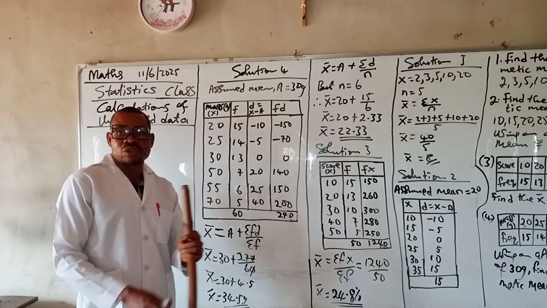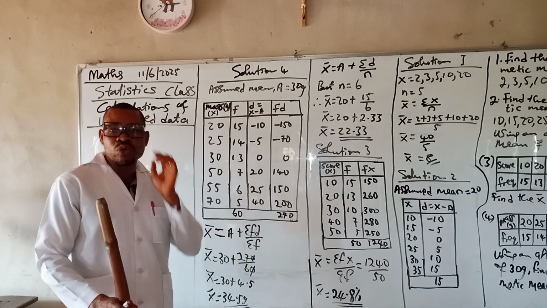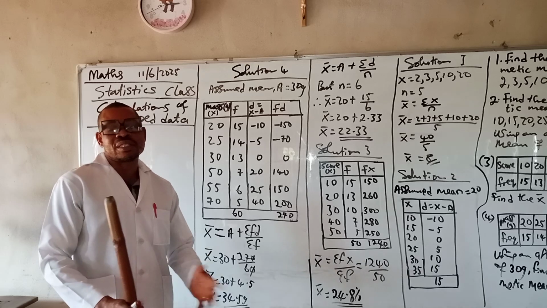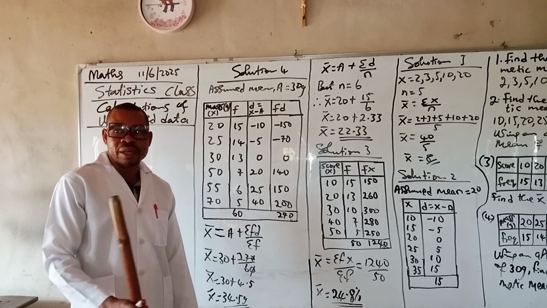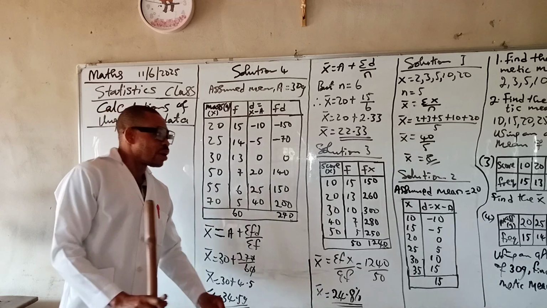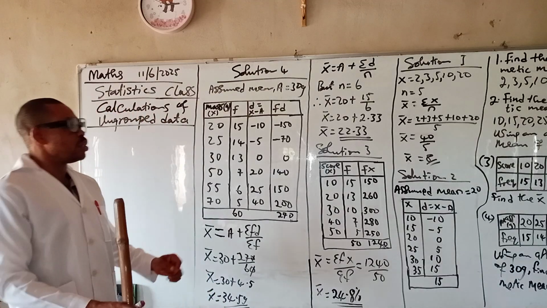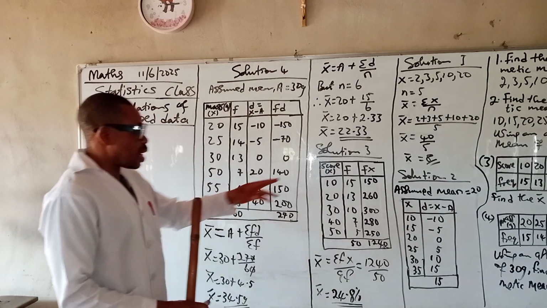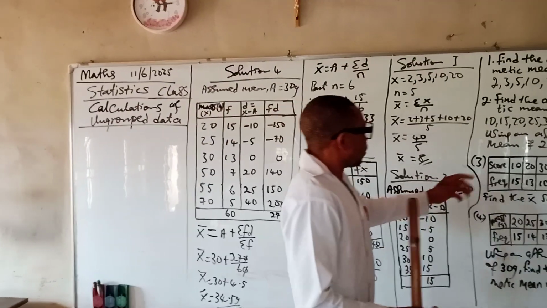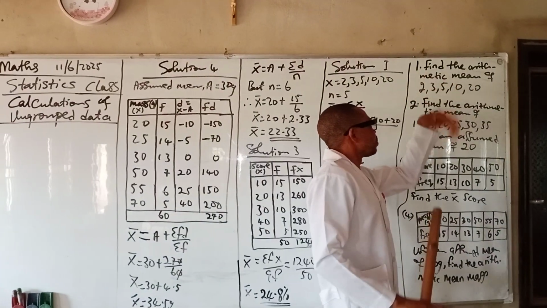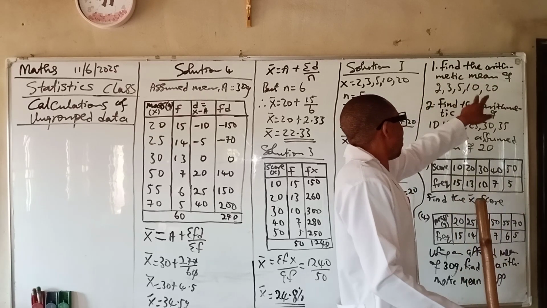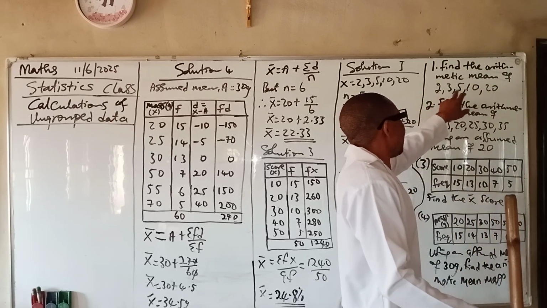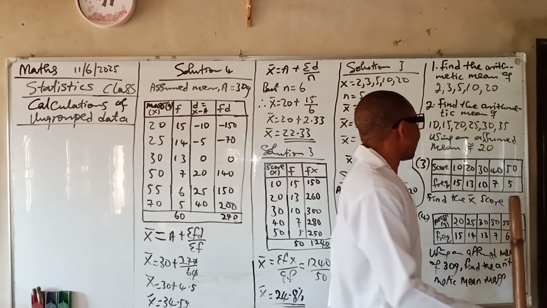That is our discussion last time, after which we listed the formula for calculating arithmetic mean. So today we are going to pick the calculation. In number 1, it says find the arithmetic mean of 2, 3, 5, 10, 20.